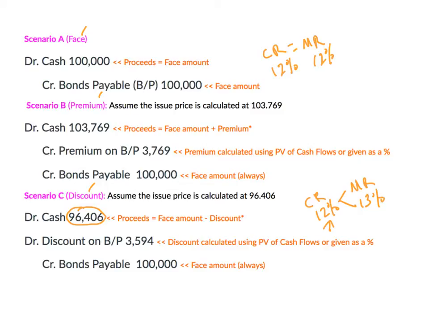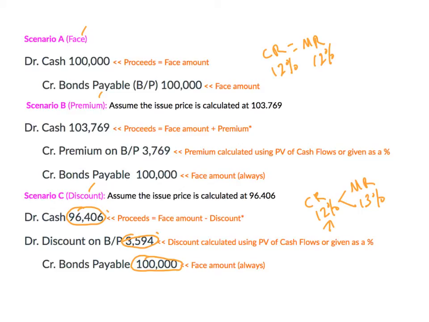The face amount is still the liability. So this is what is going to be returned to the investor, even though they only loaned 96,406. That difference is referred to as the discount on bonds payable. And there's some mechanics to figure out exactly what this amount should be. So at this point, we haven't seen that yet.